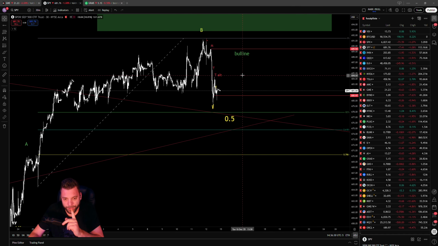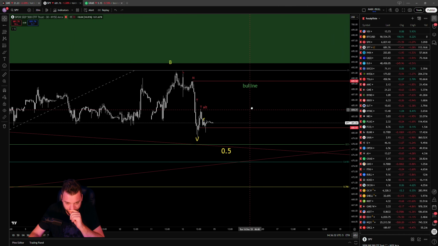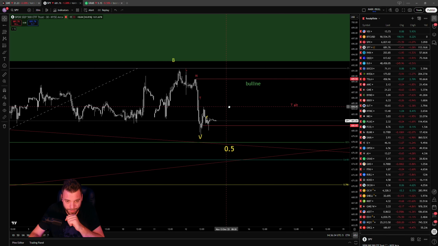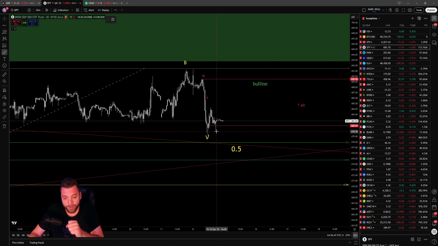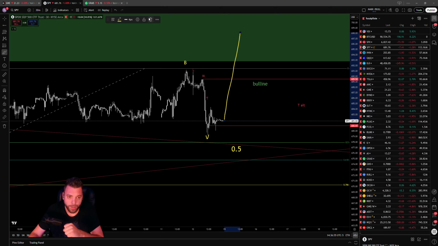Still two versions for this bullish tracking. First one would be B pullback is finished. That would mean this was your V. This was already a higher low, which is working because this is already a V under A just in the micro tracking, and you would go on Monday.